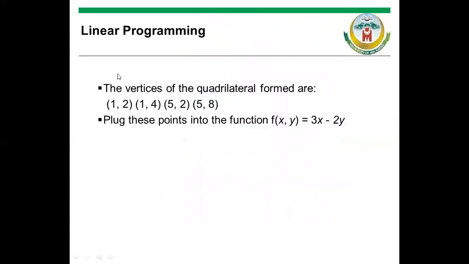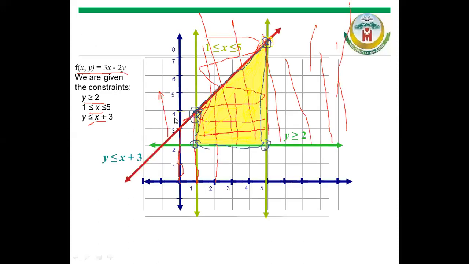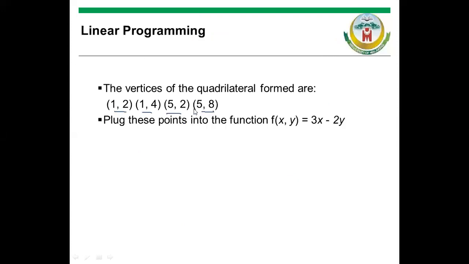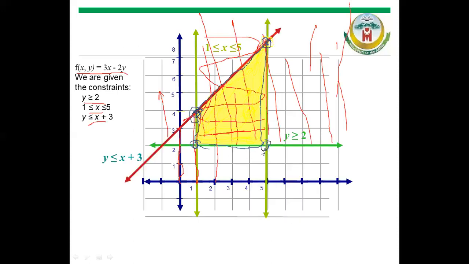For example, the vertices of the following quadrilateral formed are, as I said, we had four vertices: (1, 2) and (1, 4), this one, this is (1, 2) and this is (1, 4), and (5, 2) and (5, 8).